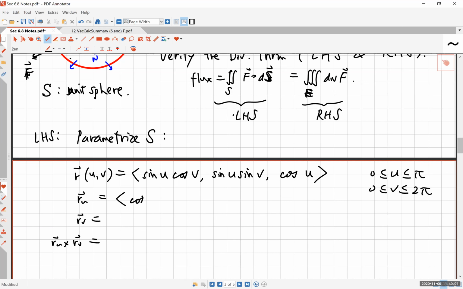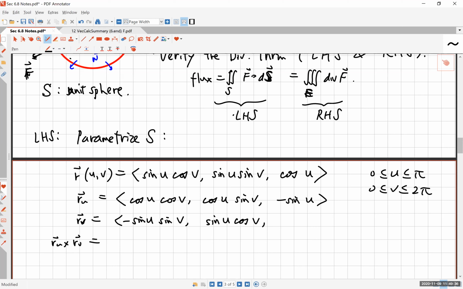This is cosine u cosine v, cosine u sine v, and then negative sine u. r_v is negative sine u sine v, and then sine u cosine v.